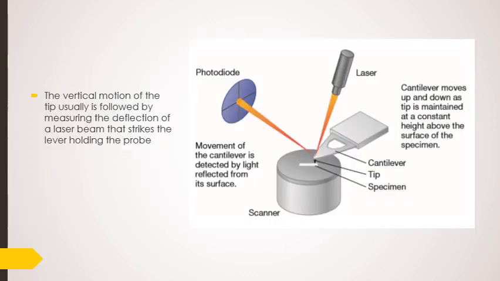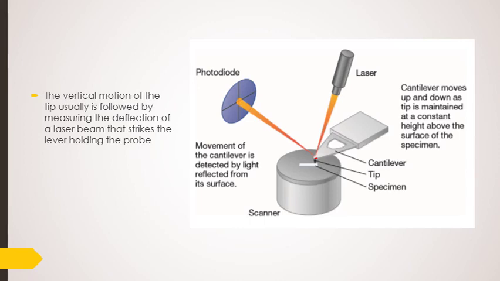Basically, the vertical motion of the tip is followed by measuring the deflection of a laser beam that strikes the lever holding the probe. The tip that is used to probe the specimen is attached to the cantilever.